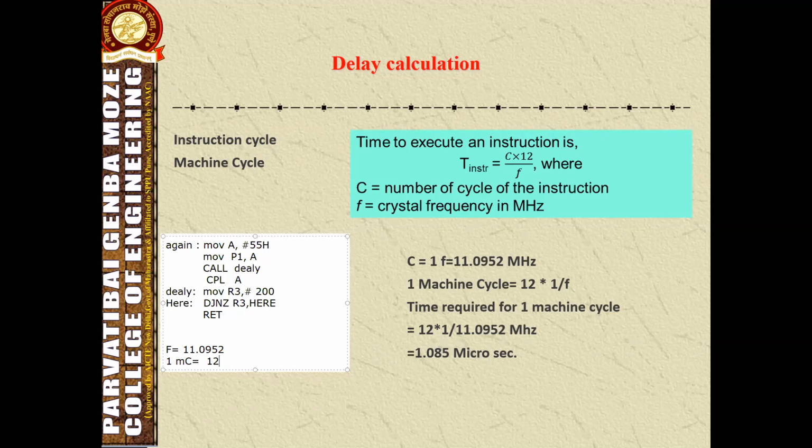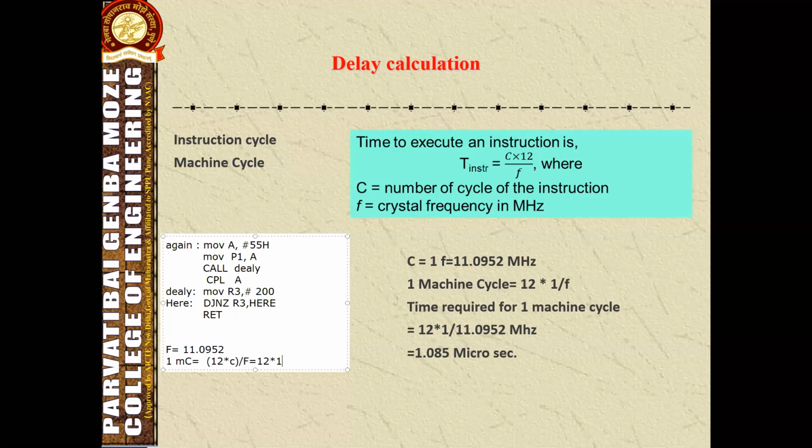The formula is 12 times C, where C is the machine cycle, divided by the frequency.